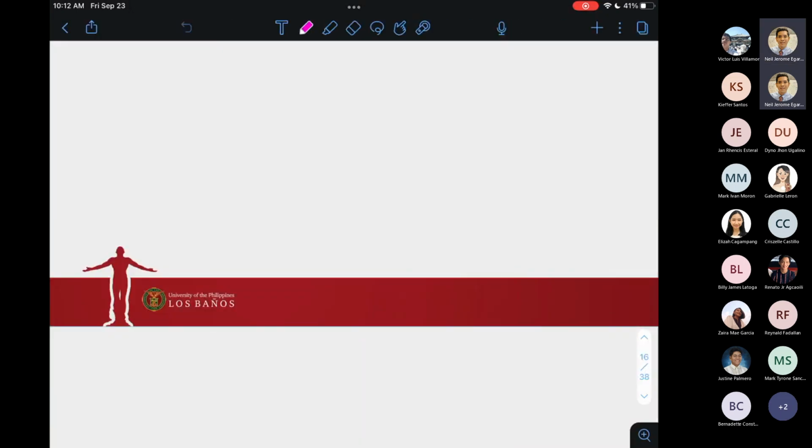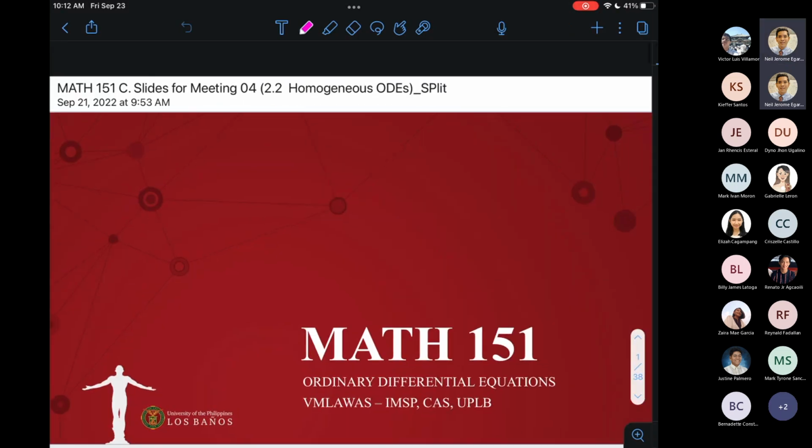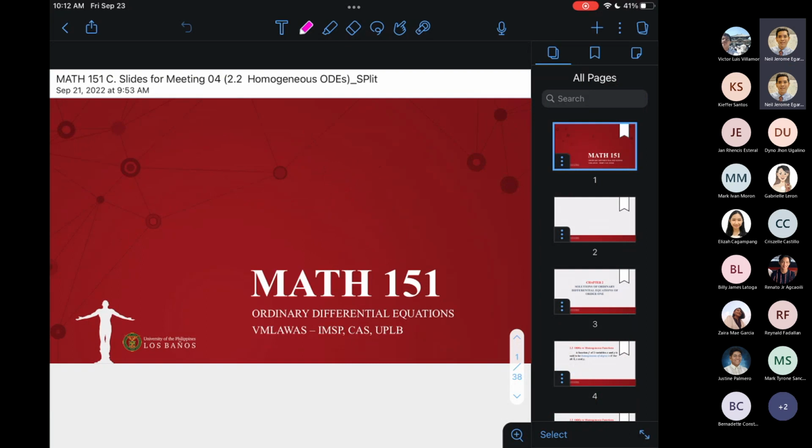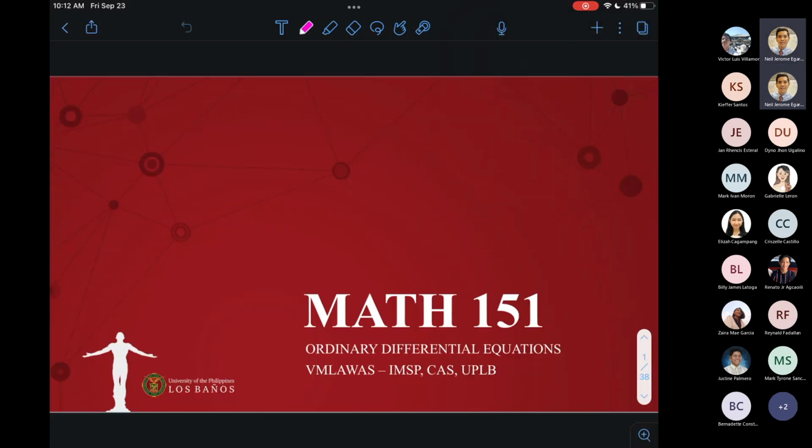Let's go to the next section, which is about ODEs with homogeneous components. Okay. So in this particular section, magko-consider kasi sabi ko sa inyo halos sa buong course, ang gusto natin gawin ay mag-solve ng mga ODEs.